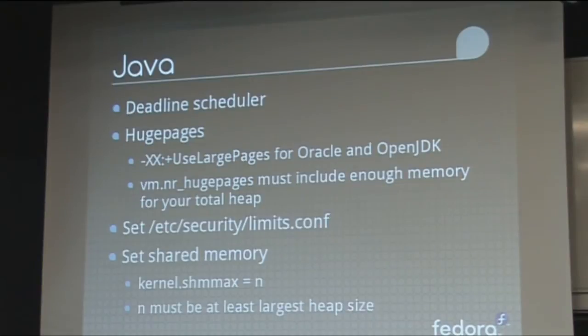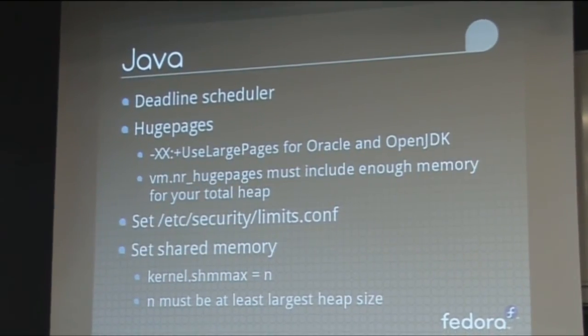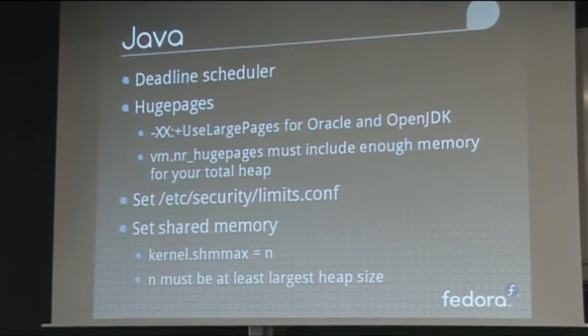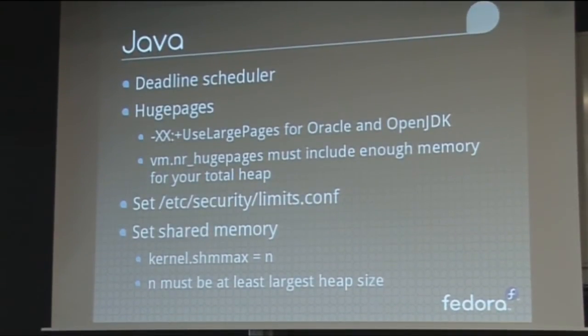If you're running a large Java application, you might want to consider deadline, you might want to consider CFQ. It depends on how much you're actually accessing the disk. If you're not accessing the disk very much, then you might as well stay with CFQ. You'll want to set up huge pages.